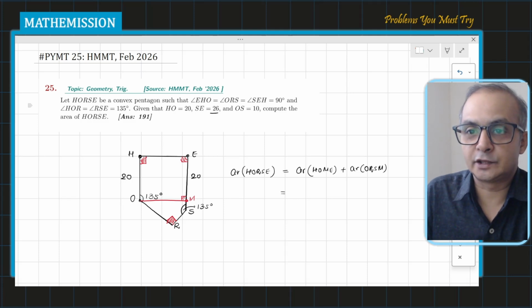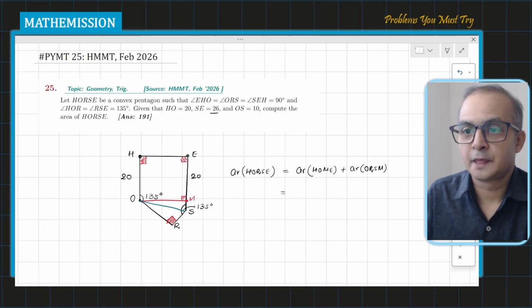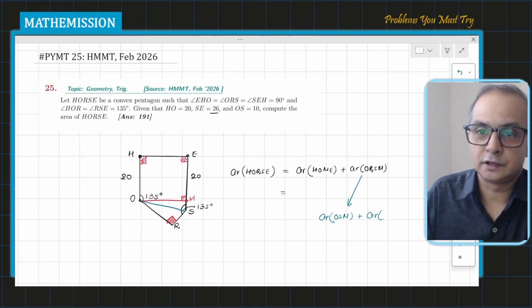Notice that OS is given. If we join O and S, we find a new triangle here. And now I can split this into two: the area of OSM and the area of OSR.